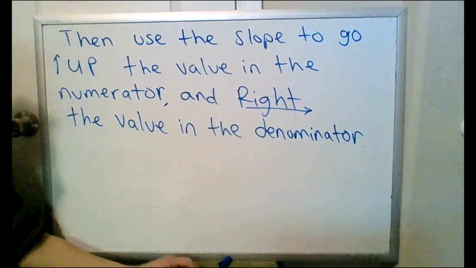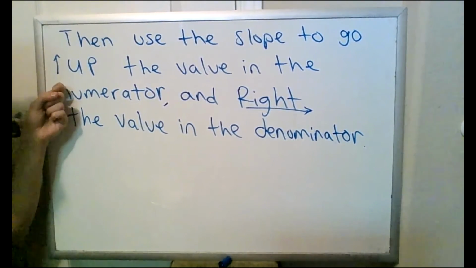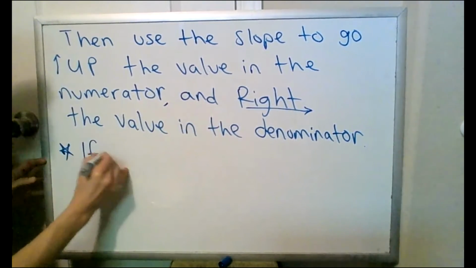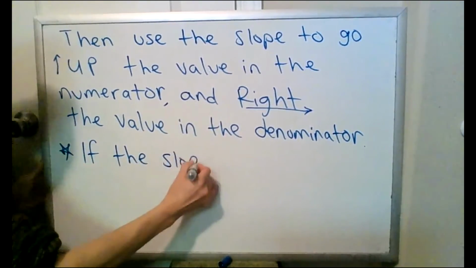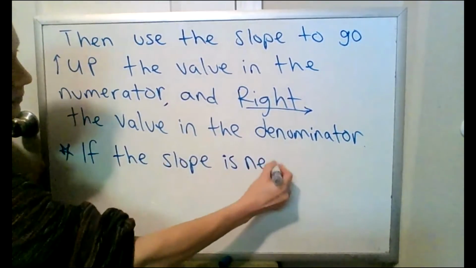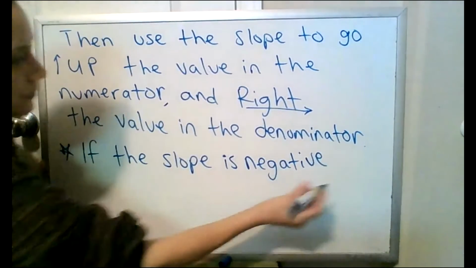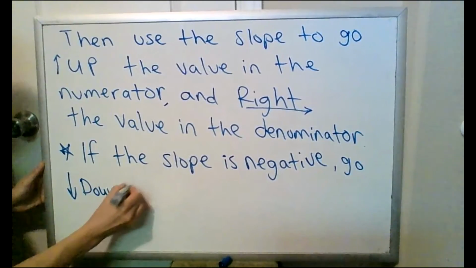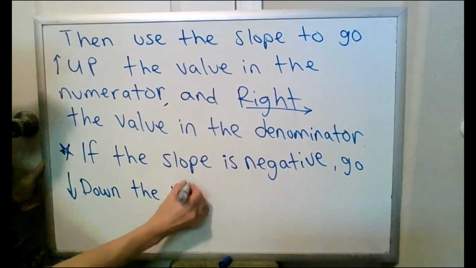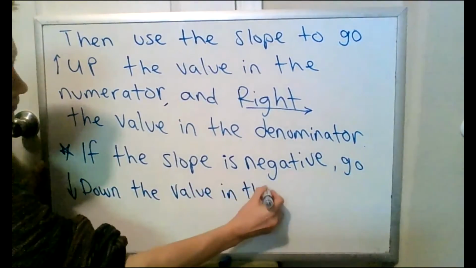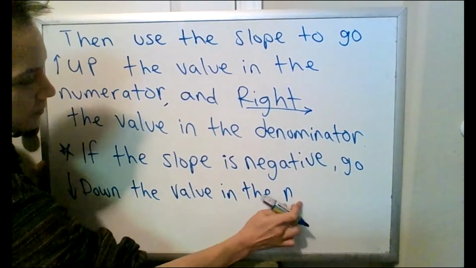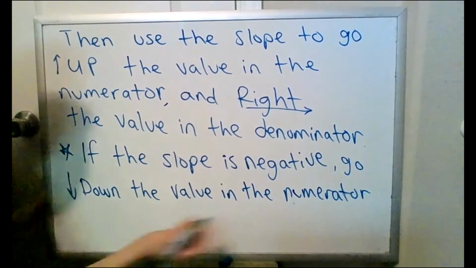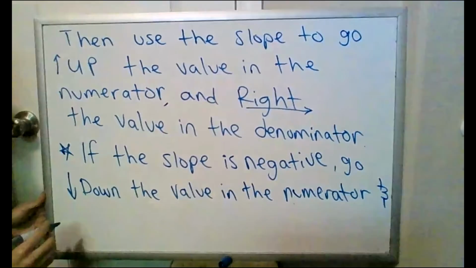The only other thing is if it's a negative slope, you go down the value in the numerator, but you still go to the right the number in the denominator.